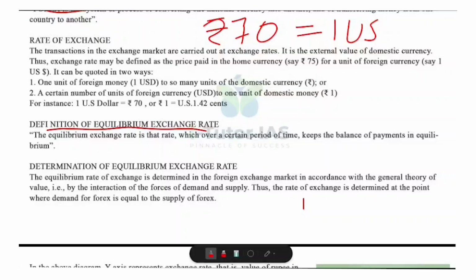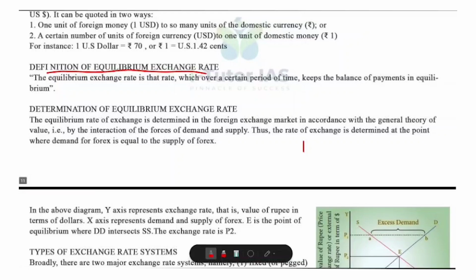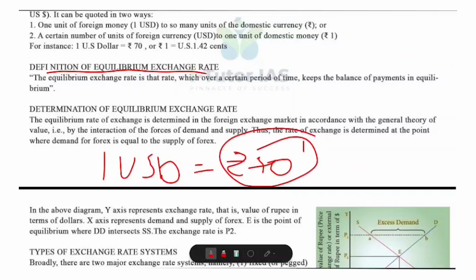For example, suppose 1 US dollar equal to rupees 70 keeps India's exports plus foreign investment equal to imports plus payments abroad over a year. Then rupees 70 per US dollar is the equilibrium exchange rate.